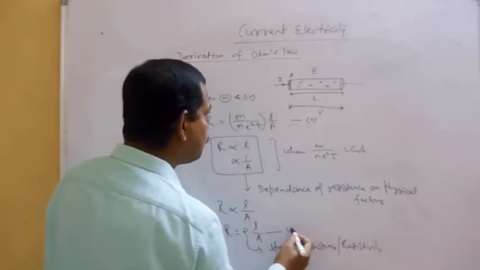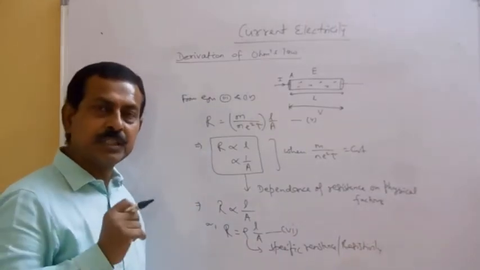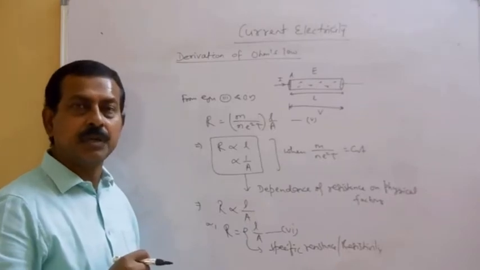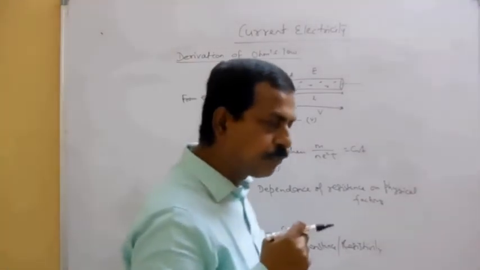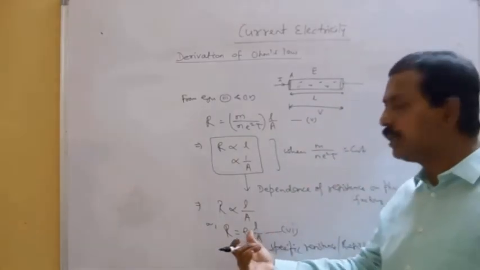This is the expression. Rho is the specific resistance or resistivity. This is a constant for a given material at a particular temperature.